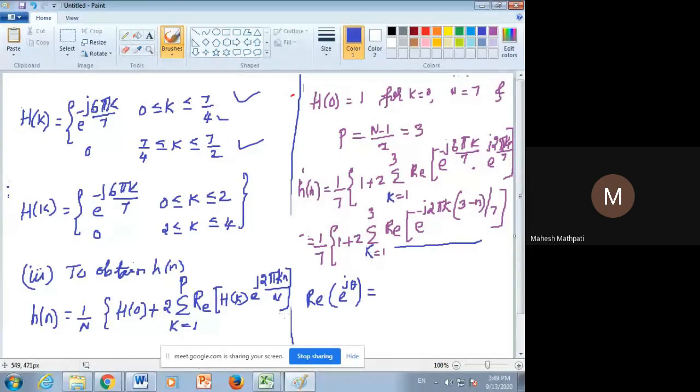Now again, if I want to write real part of e power j theta, what can I write here?